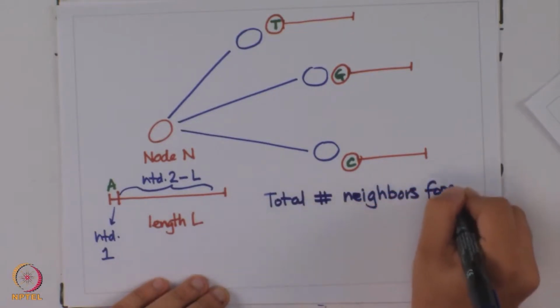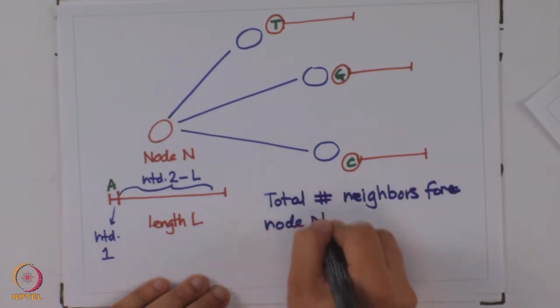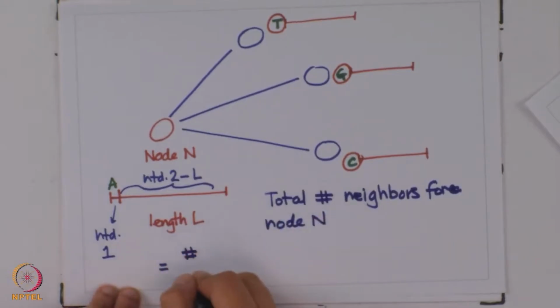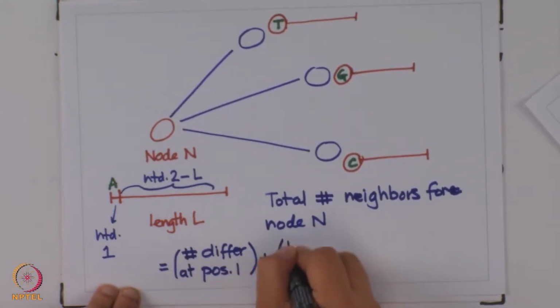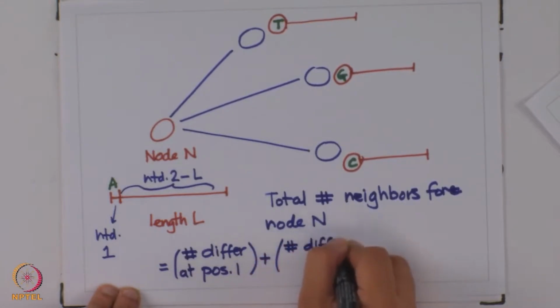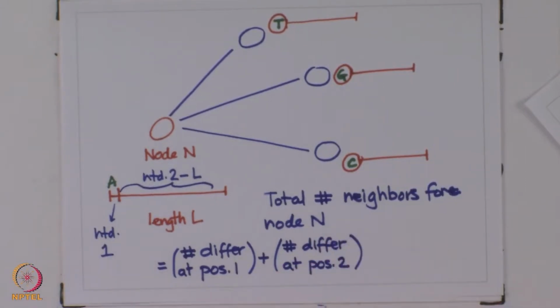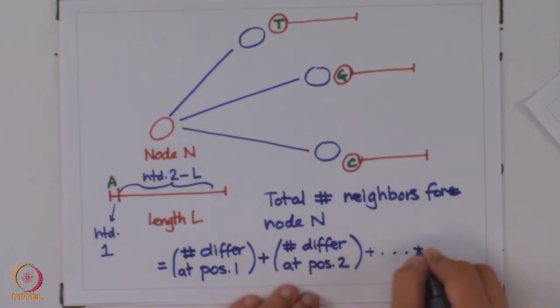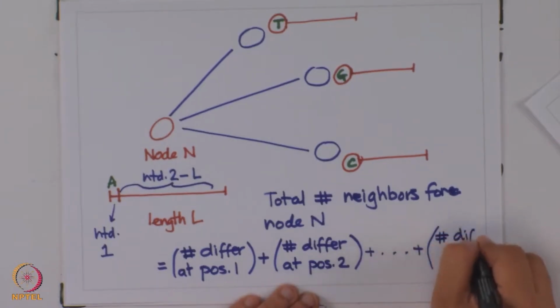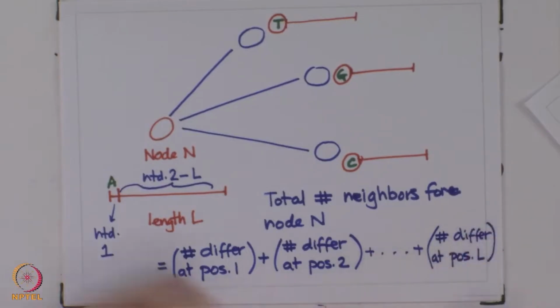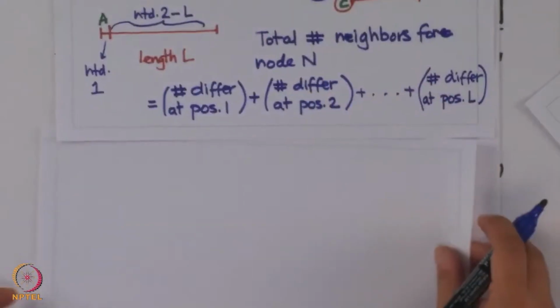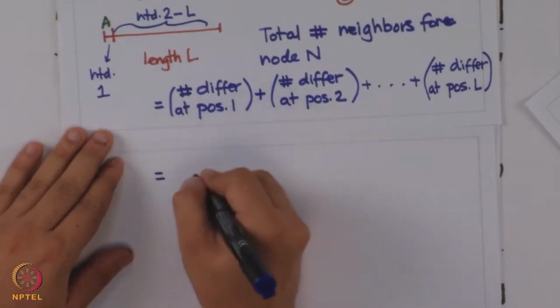for node n will be number of neighbors which differ at position 1 plus number of neighbors which differ at position 2, which can be analyzed in an identical way as to what we have done just now, and going all the way up to number of nodes which differ at position L. And these numbers are just equal to, we have just seen that this number is equal to 3.